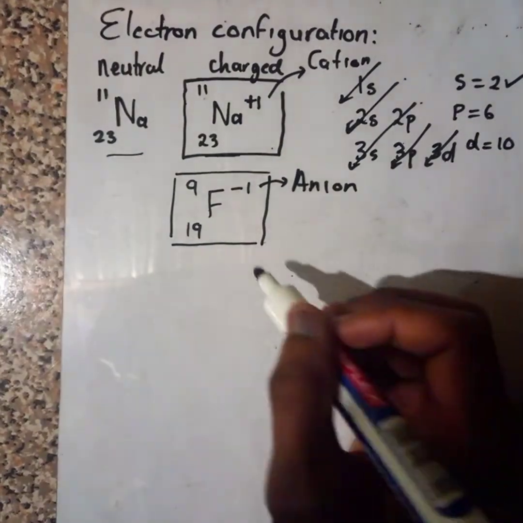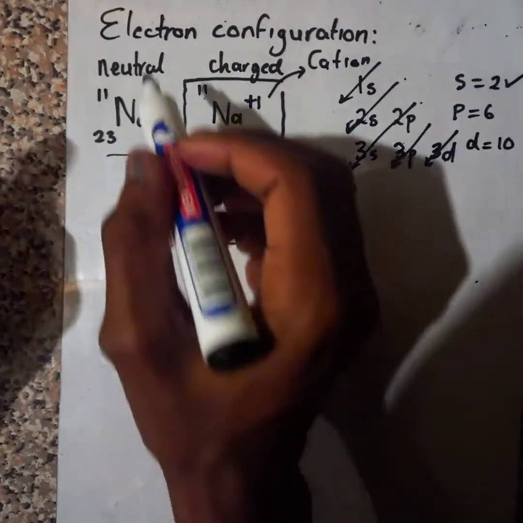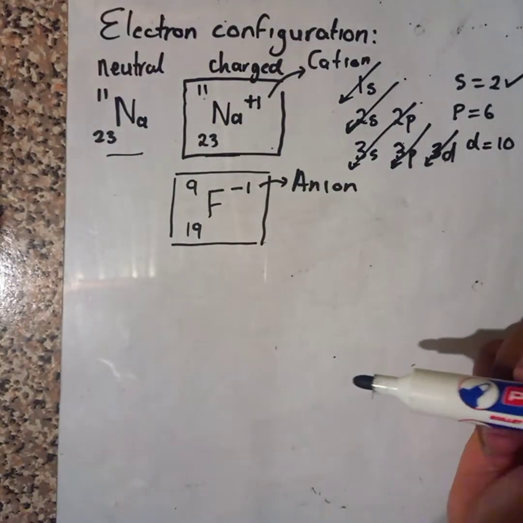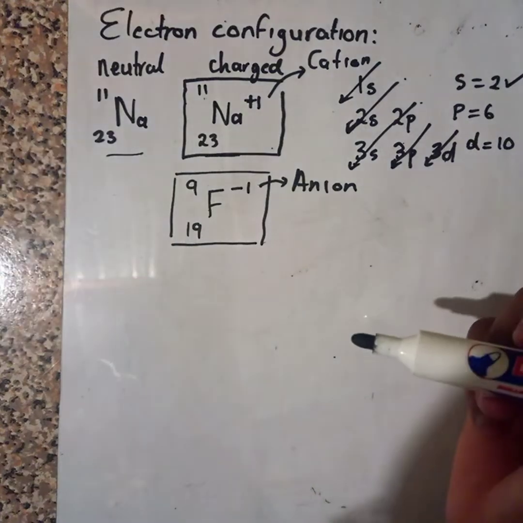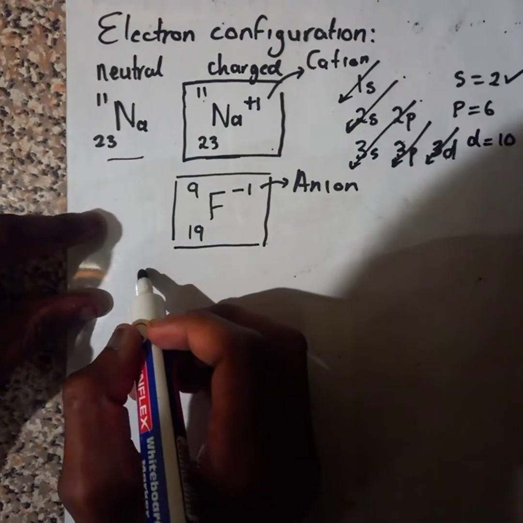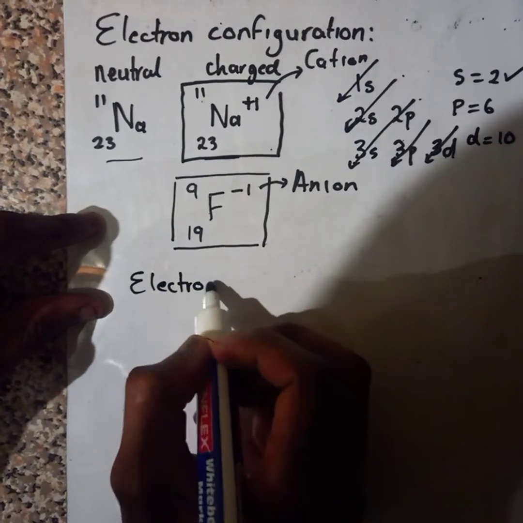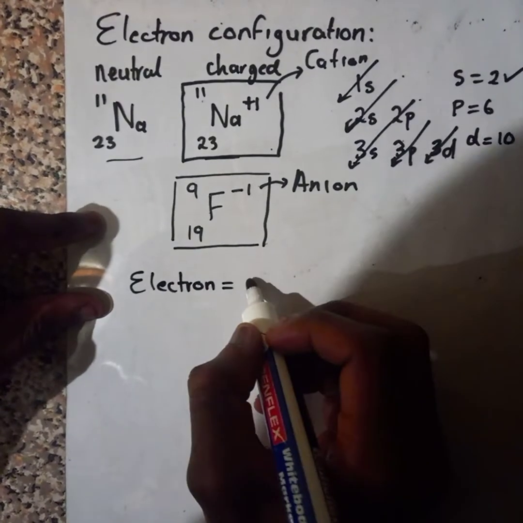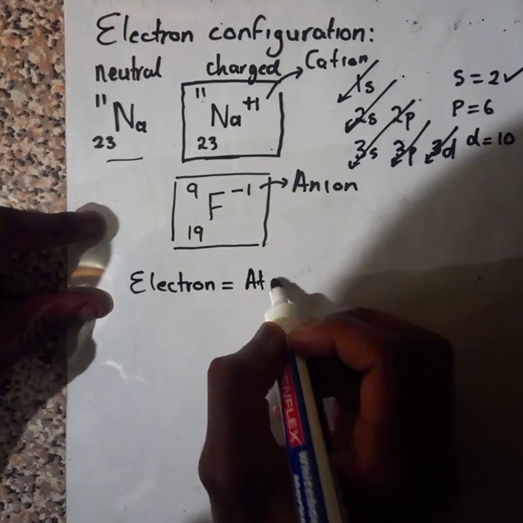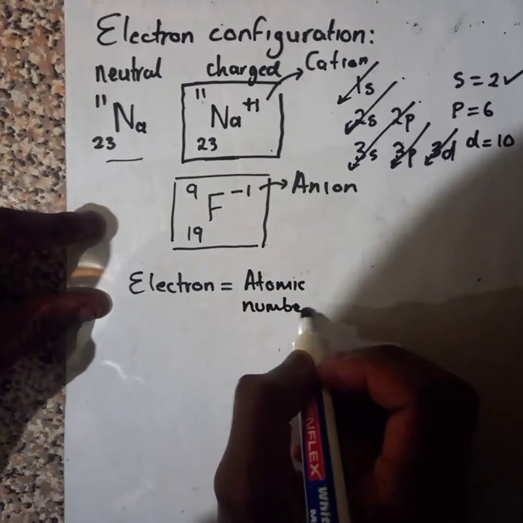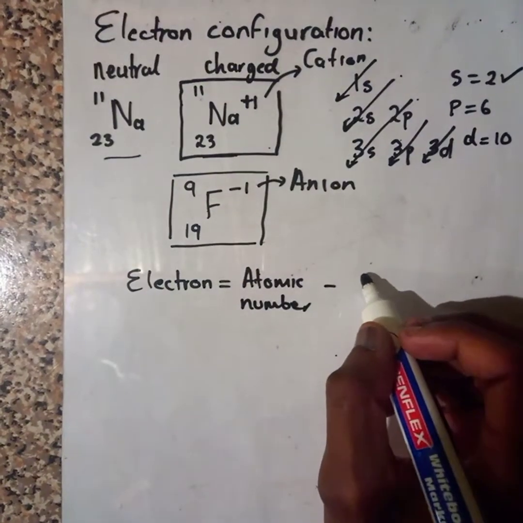Then how are we going to answer this one, using spectroscopic notation as well as noble gas notation? The principle is the same. We start by finding out the number of electrons, which is atomic number minus a charge.